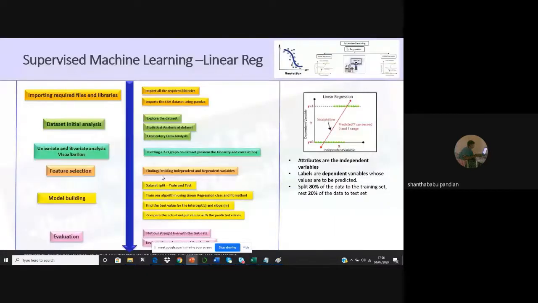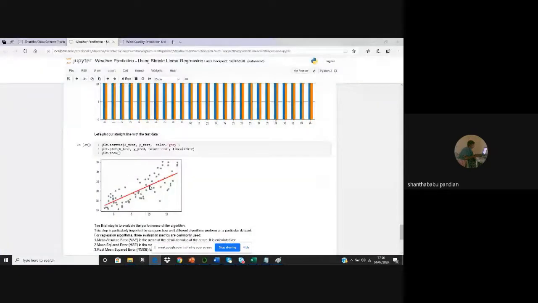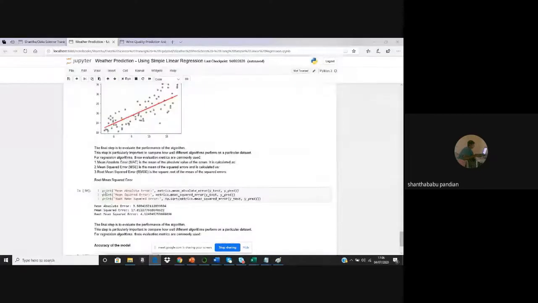And then the evaluation. You can find it by using a curve, or else we have three different methods for the linear regression equation. But the root mean square error will directly indicate whether the value is good or not.